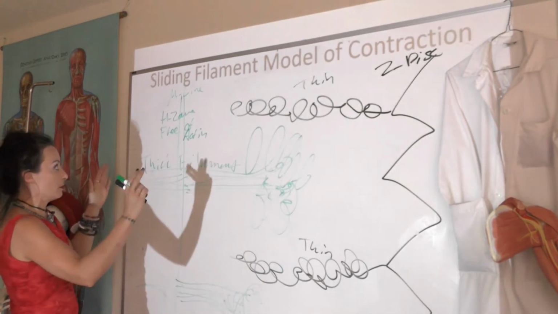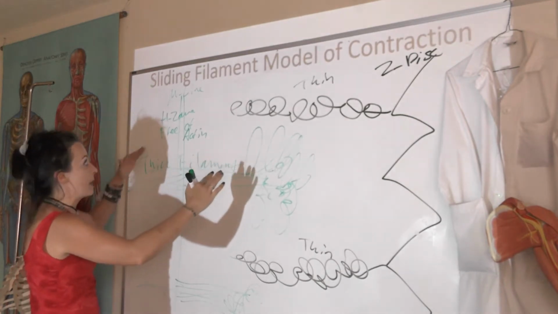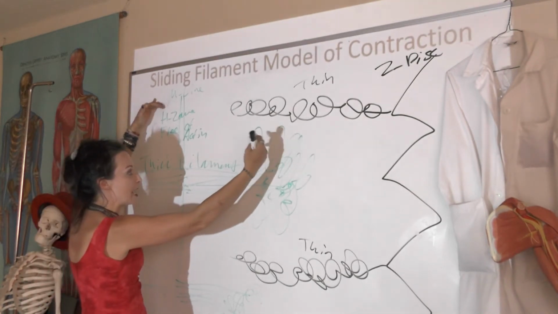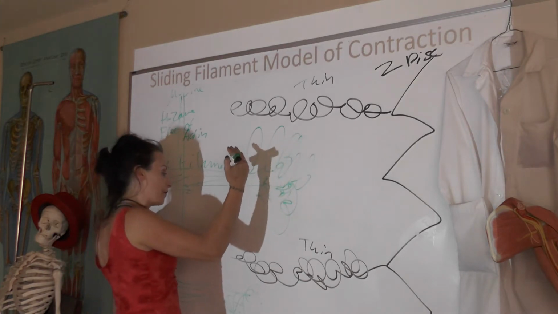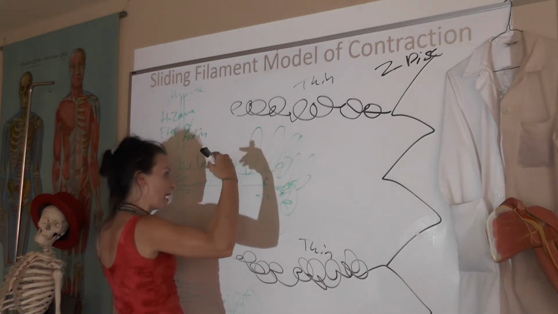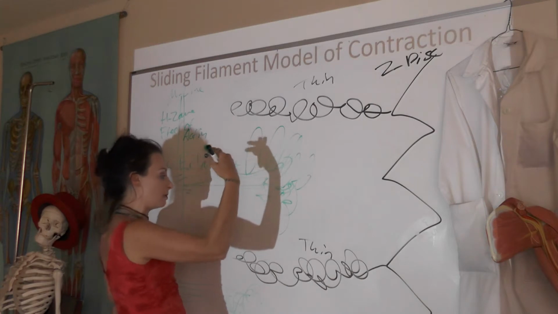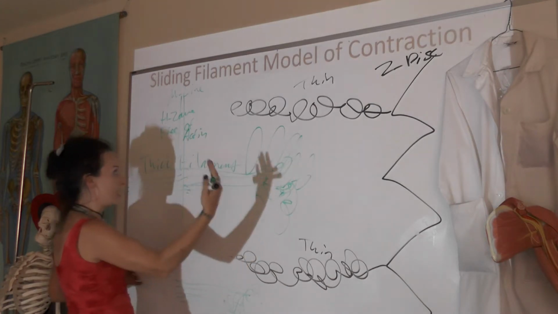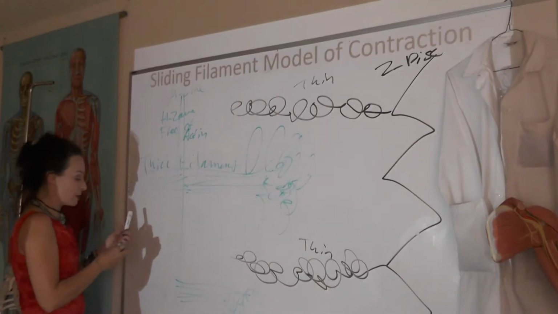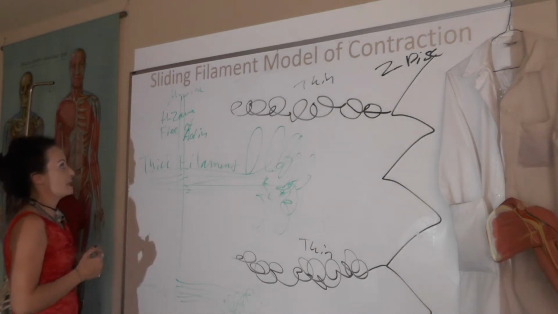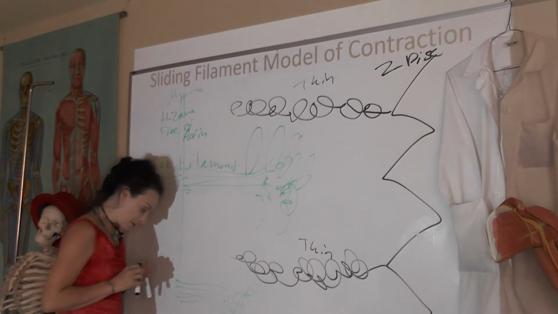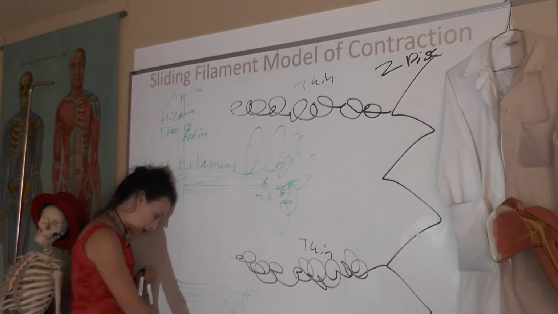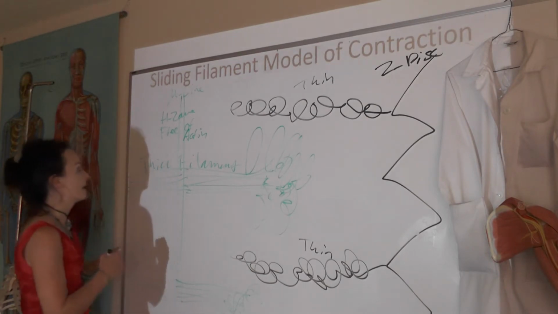So the model is that we have these thin filaments slide over our thick filaments, and in that shortening of every sarcomere along the length of a muscle fiber, we're contracting the muscle fiber and generating tension. I don't think I want to go through the specific mechanisms of the cross-bridge cycle right now. We have a slide for that later.